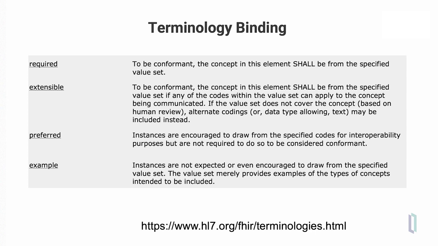So a data element is bound to a particular value set, and the strength of that binding varies from required, meaning you must use that value set and cannot select codes outside of it, to extensible, meaning you are given a set of codes but you can add to that value set, or preferred, where there are codes provided but you might choose an alternative code, or example binding, where an example value set that is limited is provided.